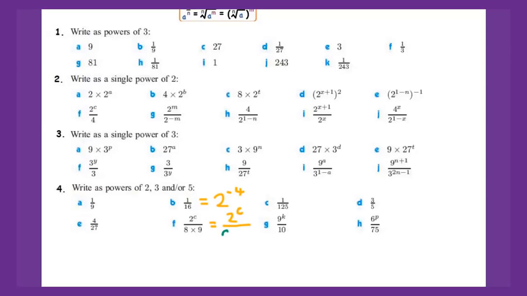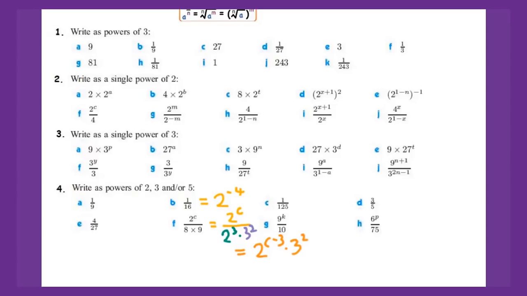And 8 will be 2 to the 3rd power. 9, I can write 3 squared. After we did the operation of the same base, you got 2 to the c minus 3rd power. Then multiply by 3 squared. Remember, if it's not the same base, you cannot do the operation.